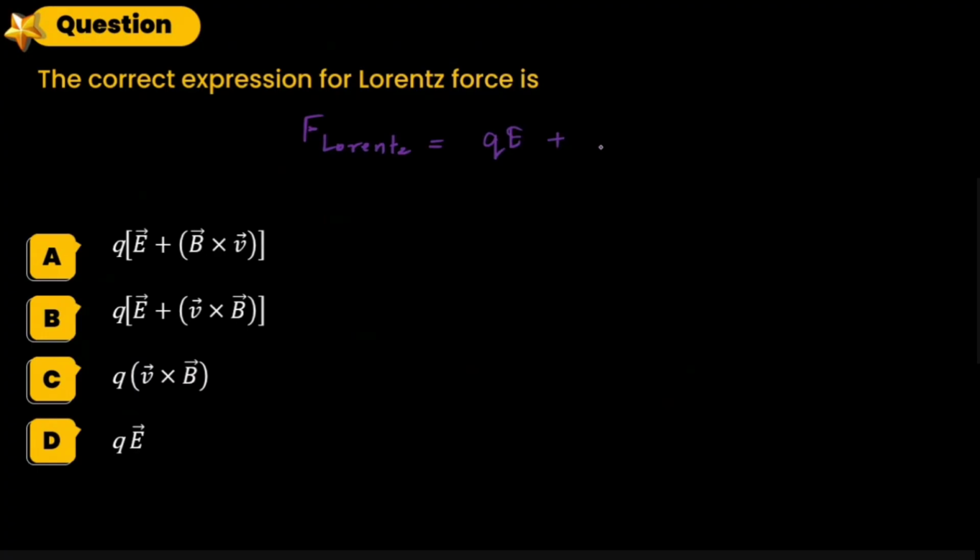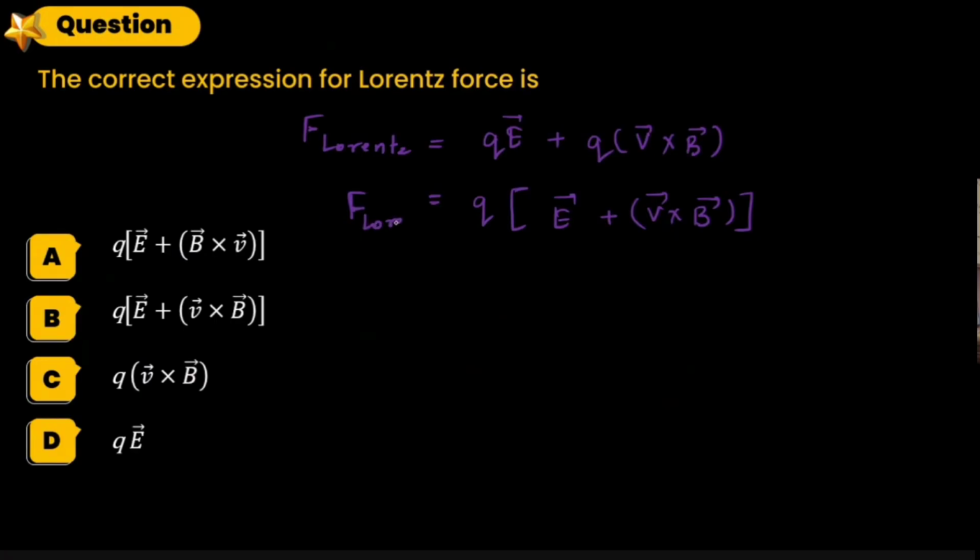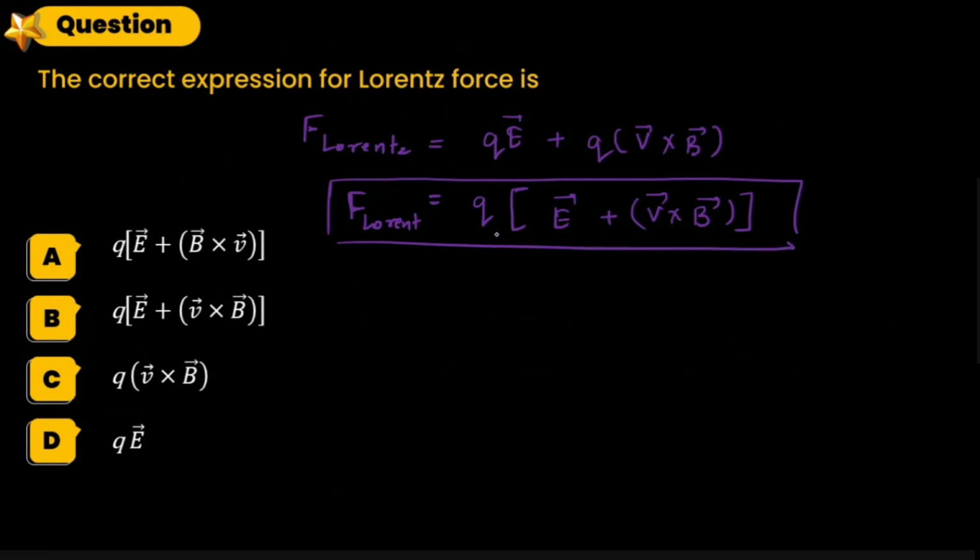QE plus QV cross B. So can I take Q as common? So the correct expression for Lorentz force is going to be the options A and B. Remember it.